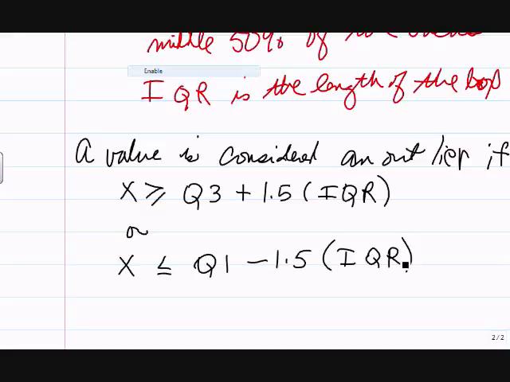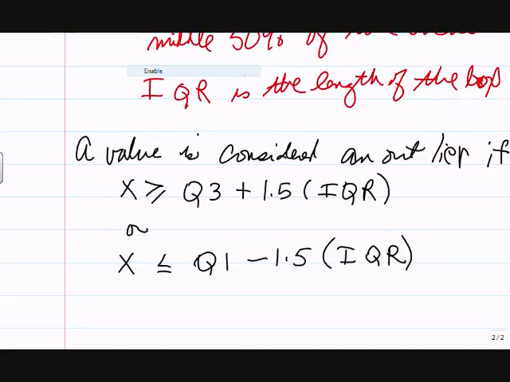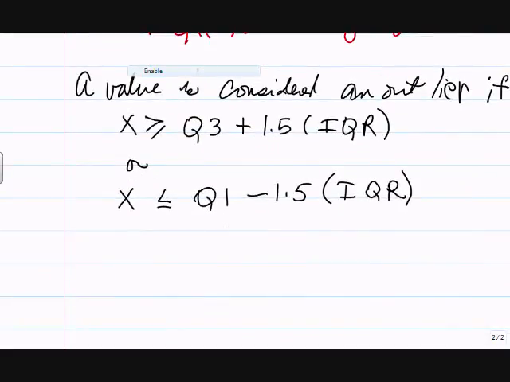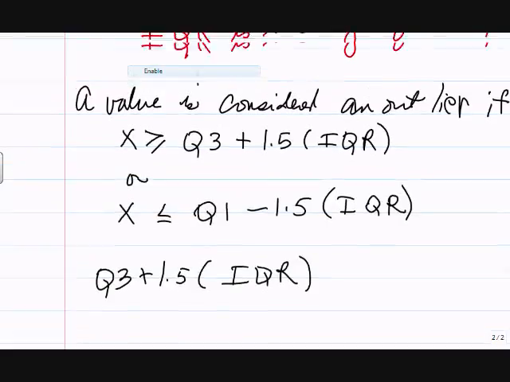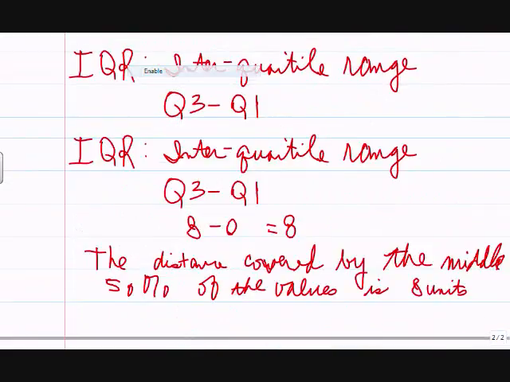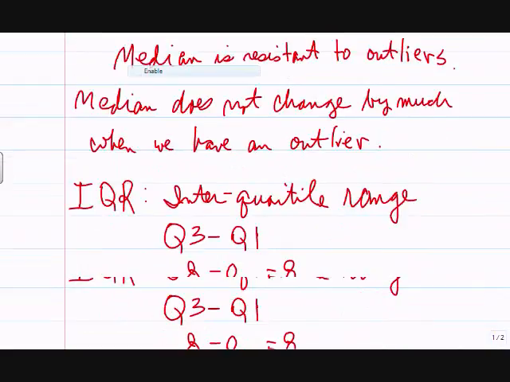Okay? So let me see where the fences for the outliers are in that set of data we had from before. So let me do Q3 plus 1.5 times the IQR. Q3 was, help me out here, Q3 was 8.